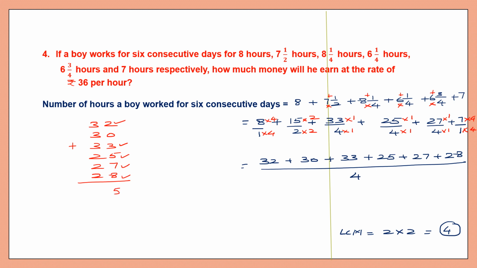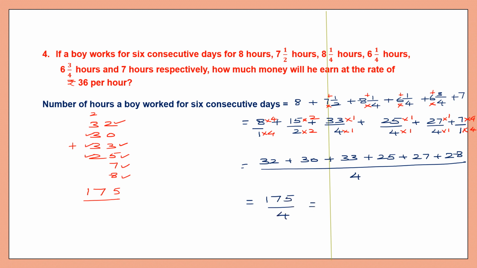So put 5 and carry 2. 2 plus 3 is 5, 5 plus 3 is 8, 9, 10, 11, 12, 13, 14, 15, 16, 17. So we have 175. So let's write it down here. So this becomes 175 by 4.